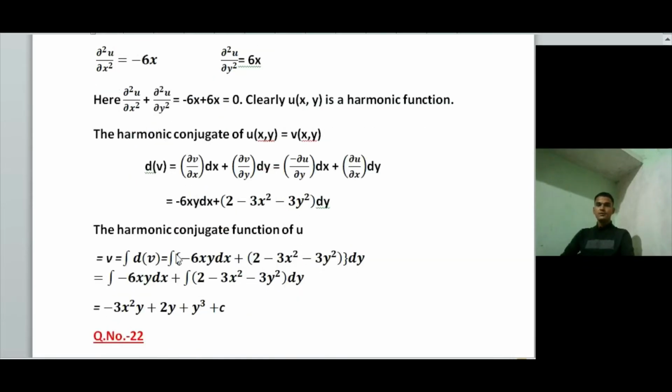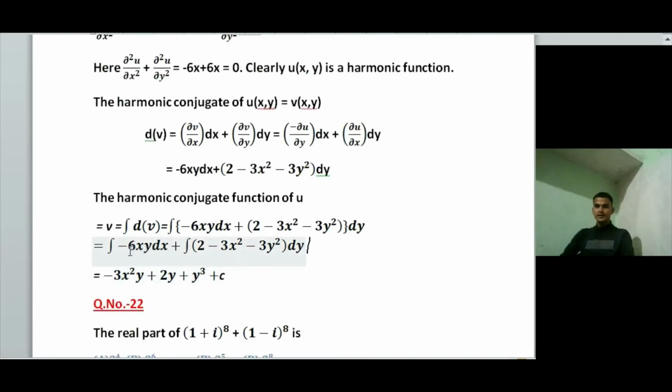Okay, so we will find out the harmonic conjugate of this. We'll integrate both sides. Integration of this is equal to integration of this, so integration of this is equal to v. Okay, so then we will integrate this. When we integrate this, we will get 6xy dx.